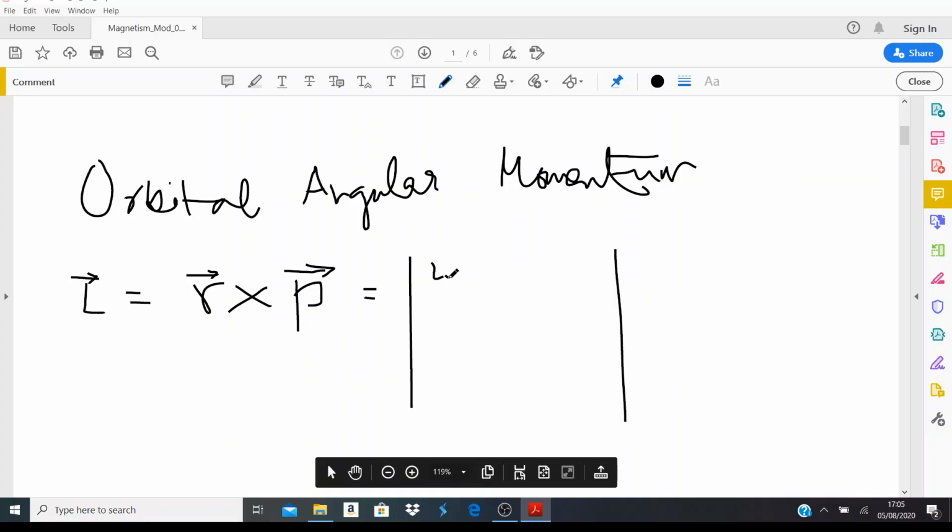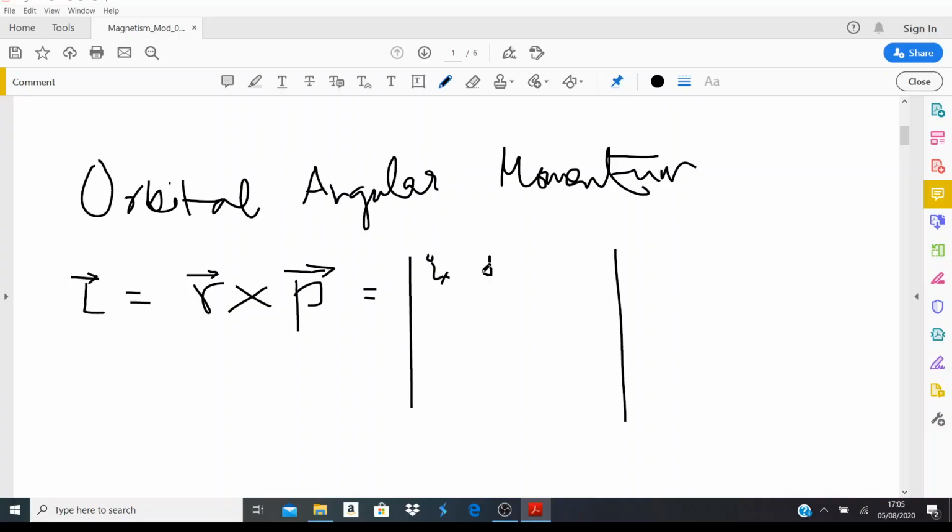And let's say we have i along the x-axis, j along the y-axis, and k along the z-axis, 3 unit vectors. For r we have 3 positions x, y, and z. For p we have px, py, and pz, right? And how do you write these things out?